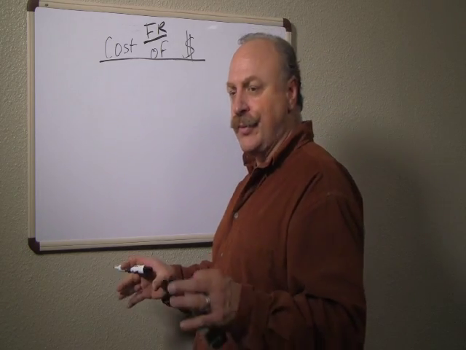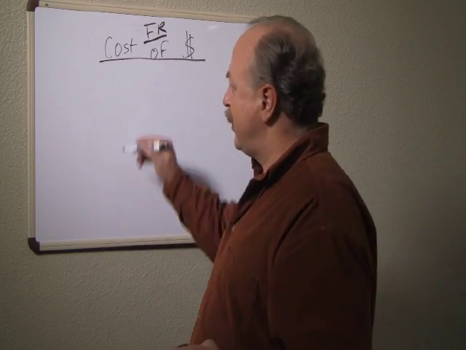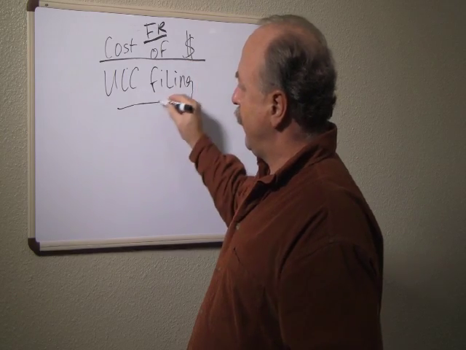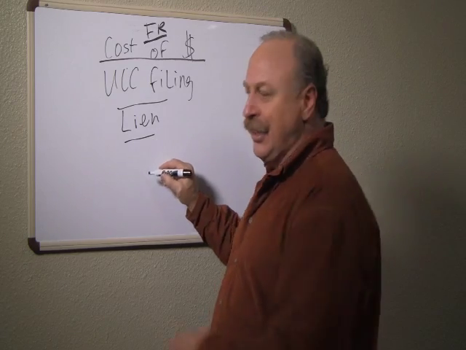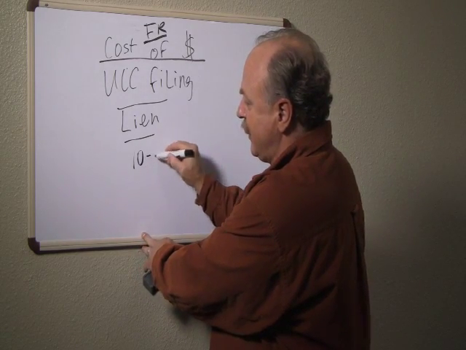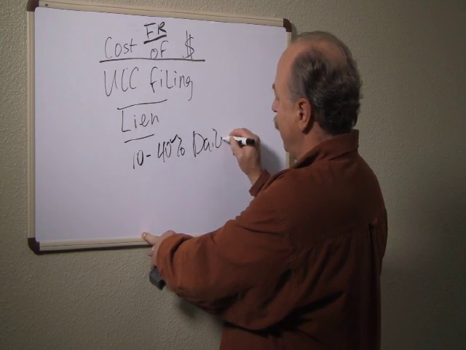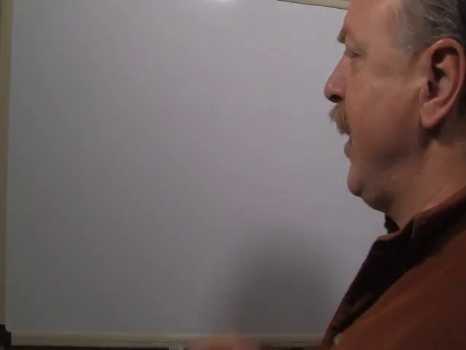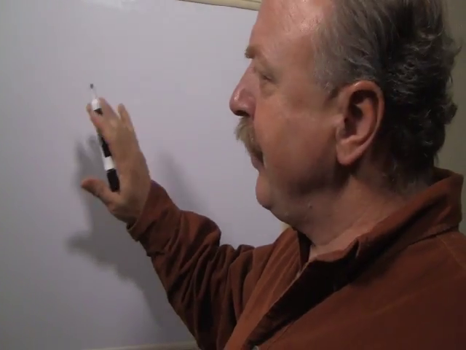We're going to attach a UCC filing to the credit card machine, and that's called a lien. And that lien can range anywhere from 10 to say 40% of their daily receipts.